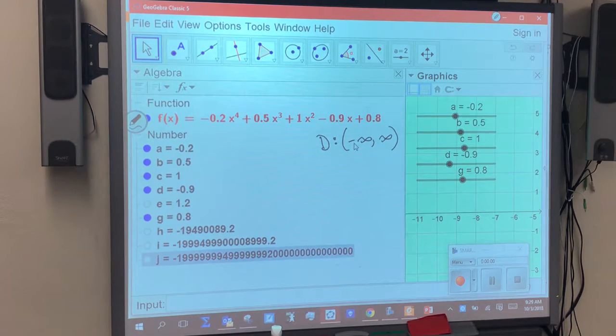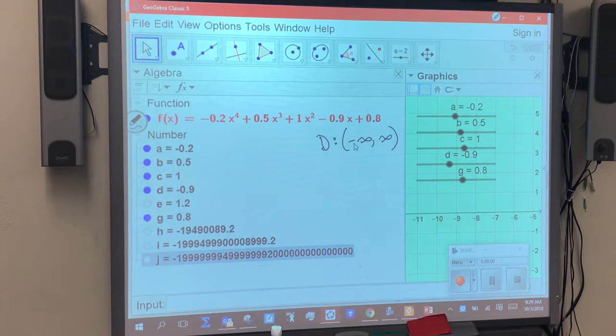Remember hearing that phrase and writing that down a couple weeks ago? Anything of that form, anything that is polynomial, will have a domain that is negative infinity to positive infinity. Somebody said yesterday that linear functions always have a domain of negative infinity to positive infinity. Well, a linear function is our most simplistic version of a polynomial function. Negative infinity to positive infinity is its domain.